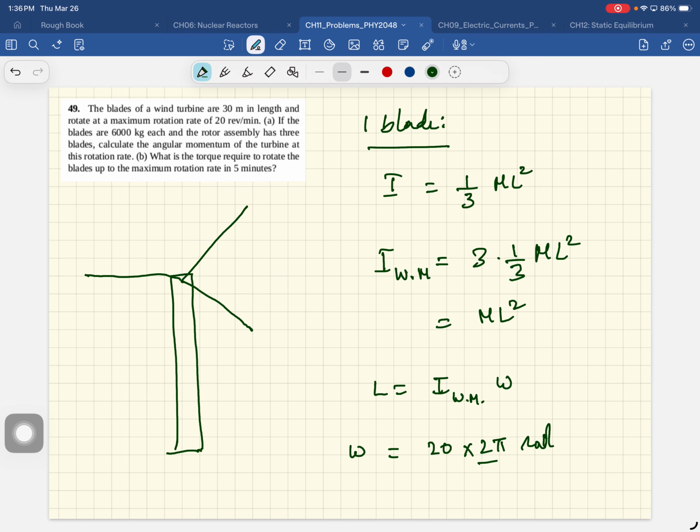Five minutes is that many seconds. And that'll come out in Newton meters.